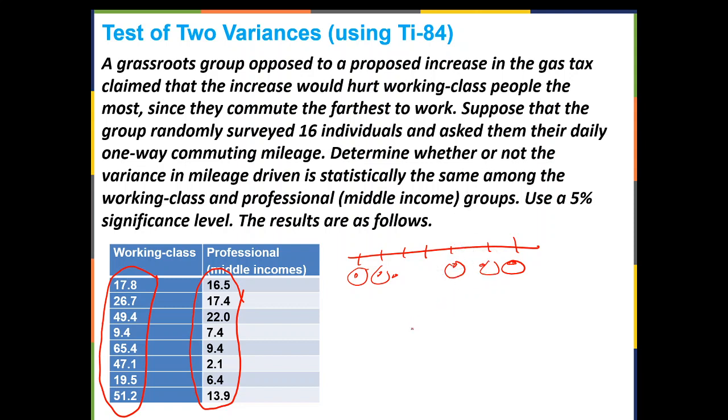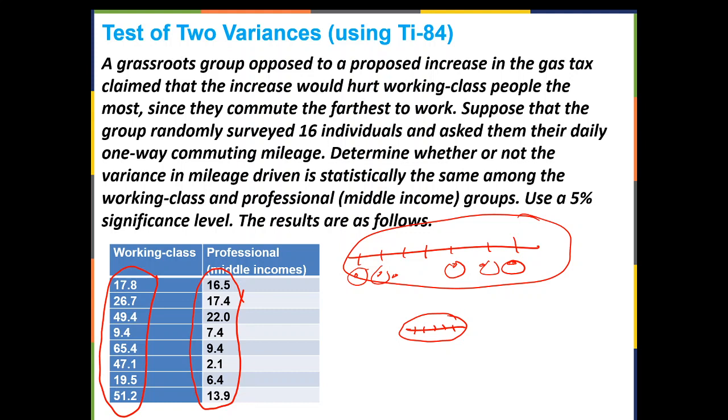So if they have a smaller variance, then the gas tax doesn't affect them as much, right? Because they don't really live that far away from the work. So in general, the whole population of professionals and the population of working class, they're going to be affected differently if the variances are not the same.